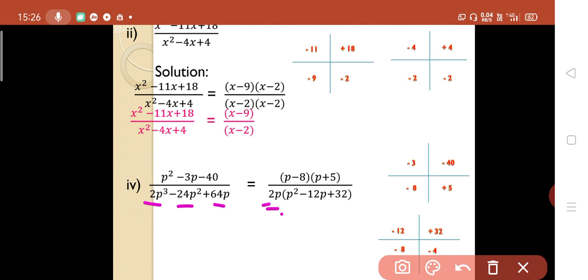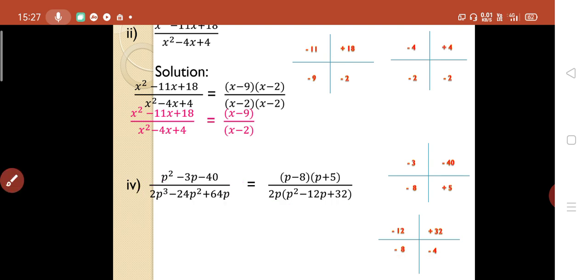If you take 2p outside, what is the balance? p². How many 2s are 24? 12. Among that p², one p is already taken outside, so the balance is p. How many 2s are 64? 32. Only one p already taken, so no remaining, so only 32.